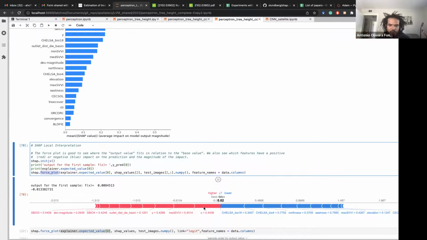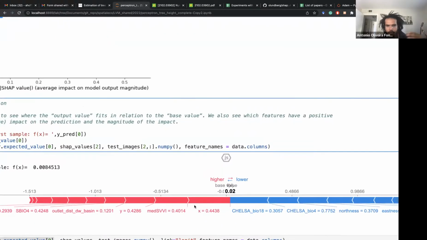So for example, you see that the latitude, sorry, the X tends to push the tree height prediction to higher values, right? And the Chelsea bios seem to be doing the other way around, okay?